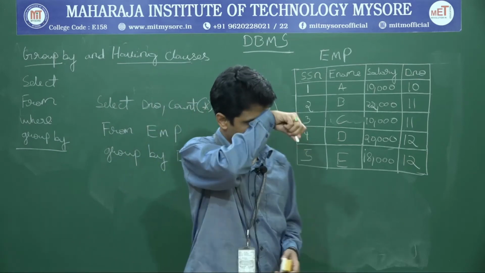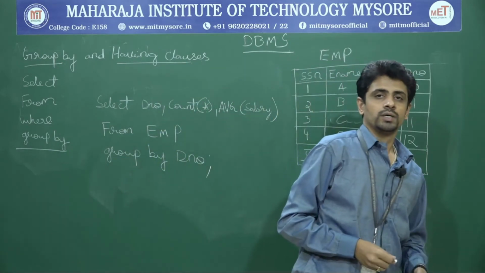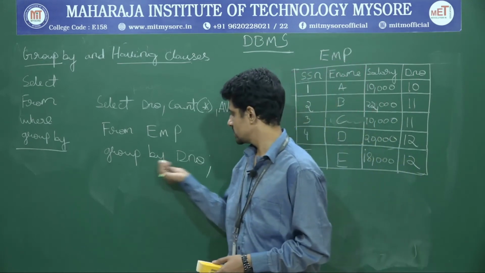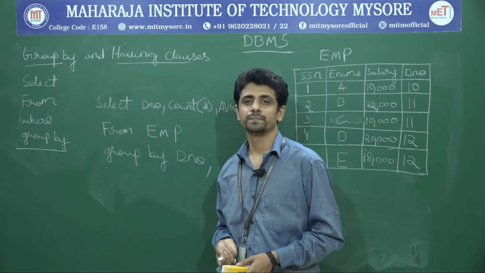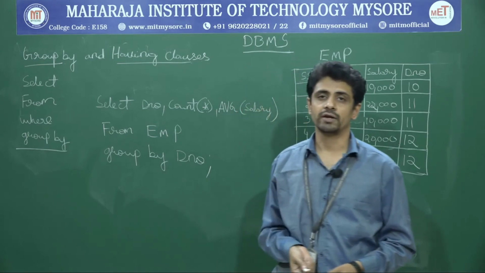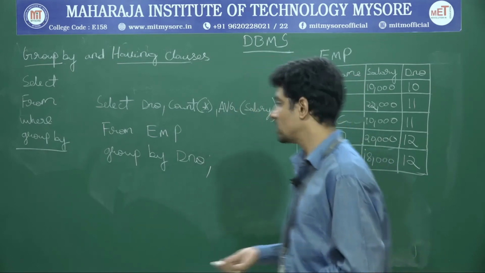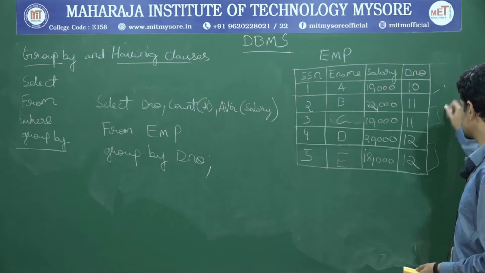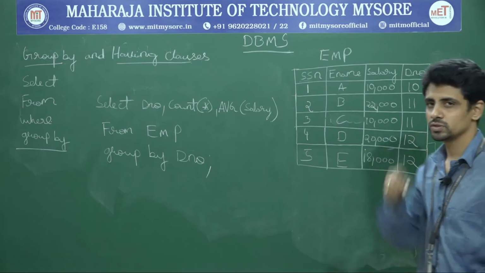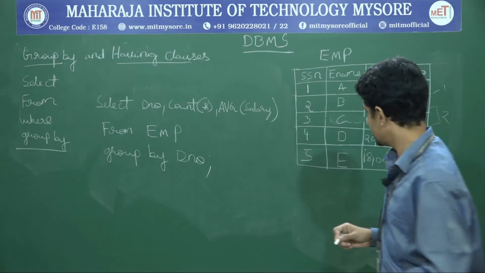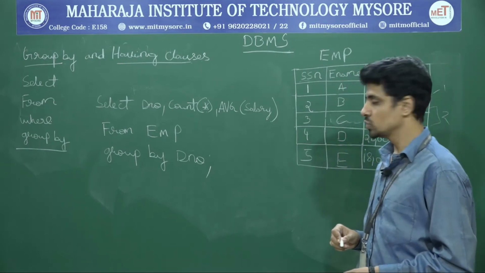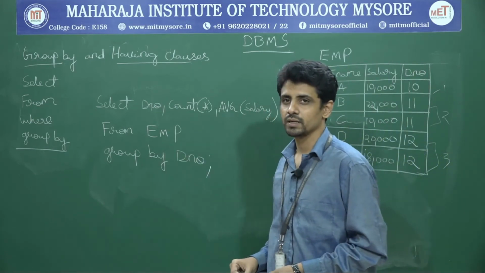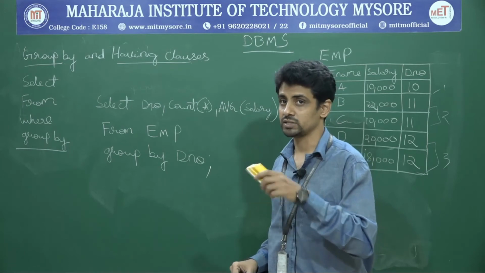Okay, now as soon as you do this, the first thing that happens is the groups are created for the given attribute, department number. So I will have 3 groups: the first group, second group and the third group. Now in these 3 groups, what I am supposed to do is first display the value that is common across that group.